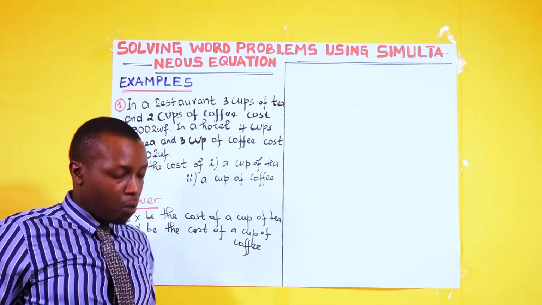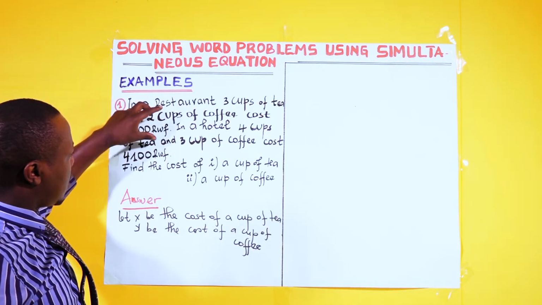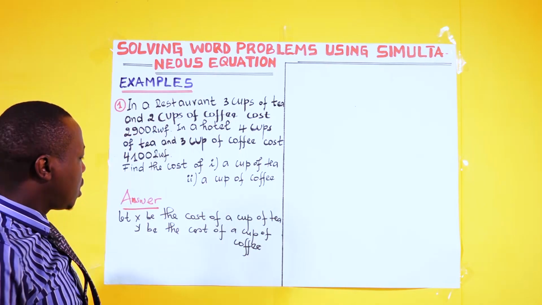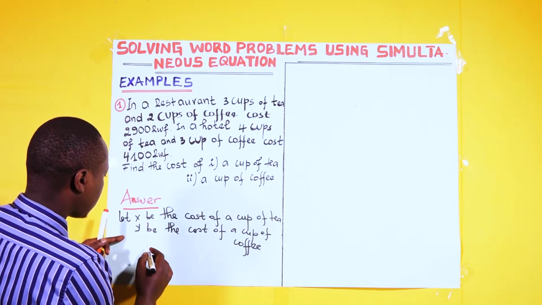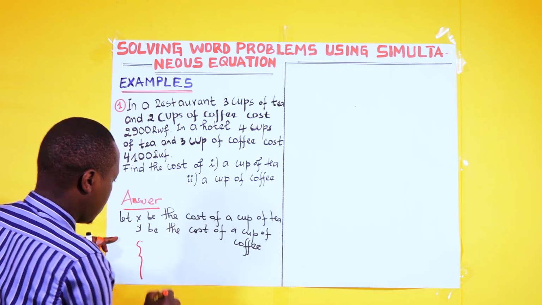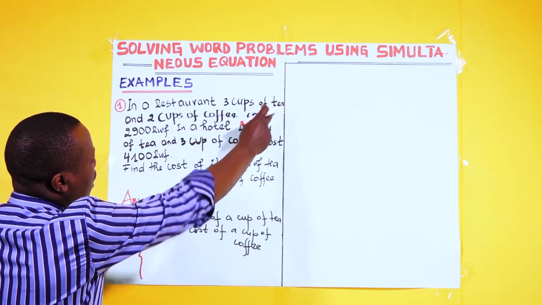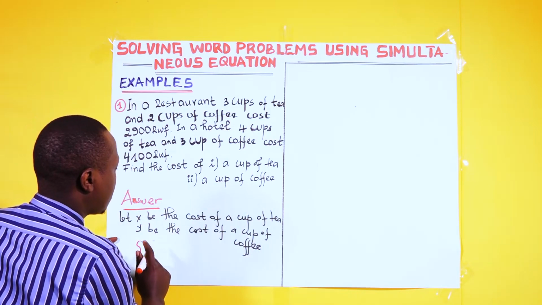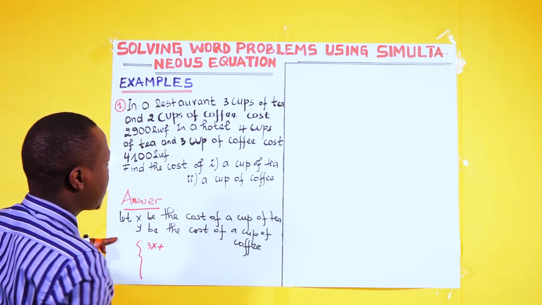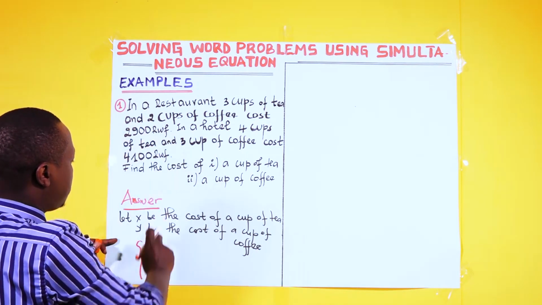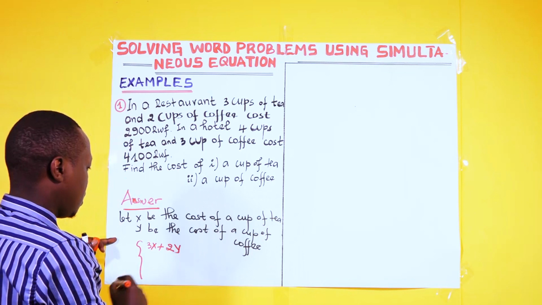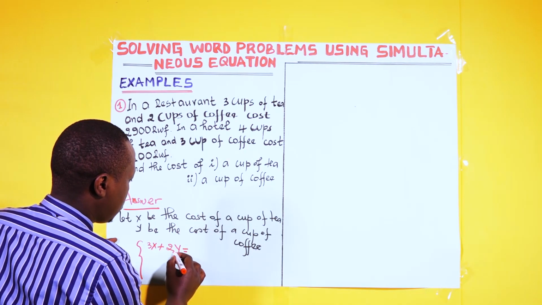So now we are going to translate our word problem into a system of linear equations. How? The system will look like this. We have 3 cups of tea. It means for tea it is X. This will be 3X plus, and means plus, 2 cups of coffee, it is 2Y. And then this will be equal to what?